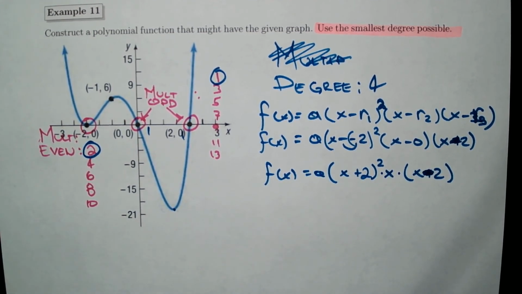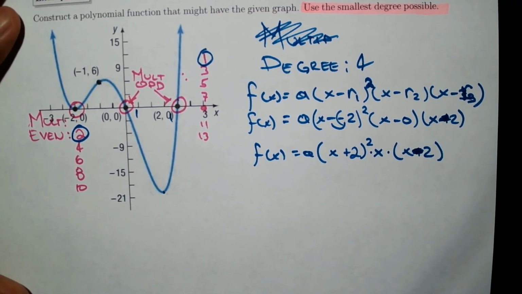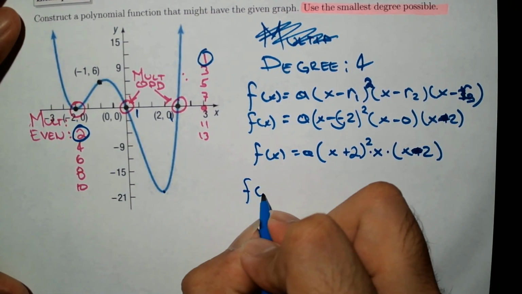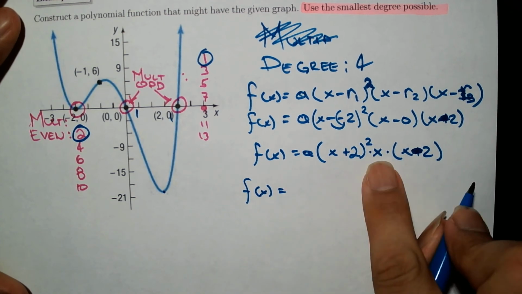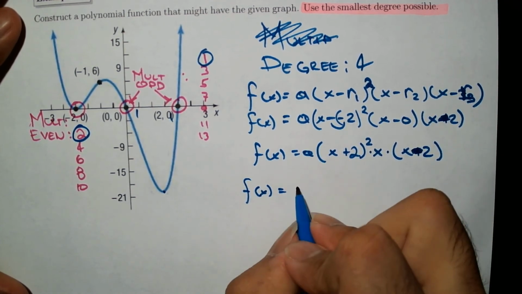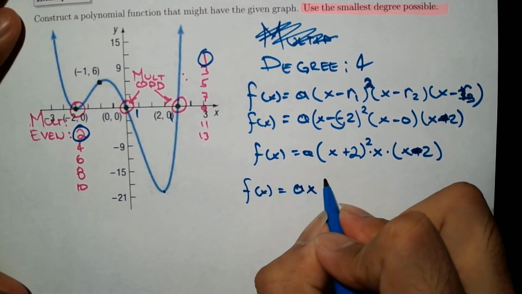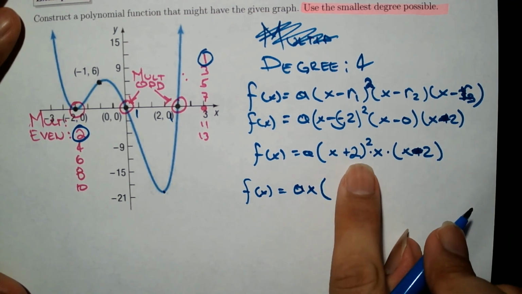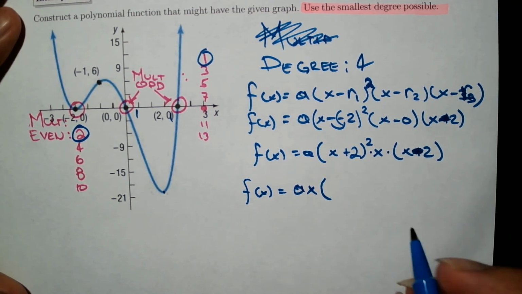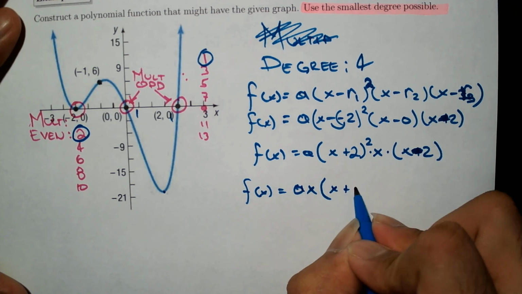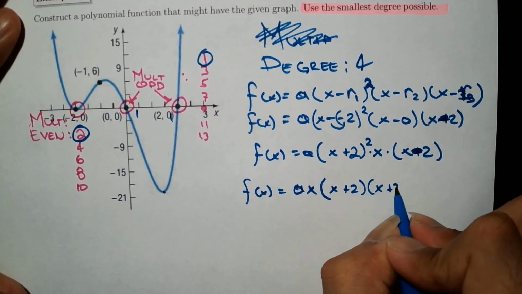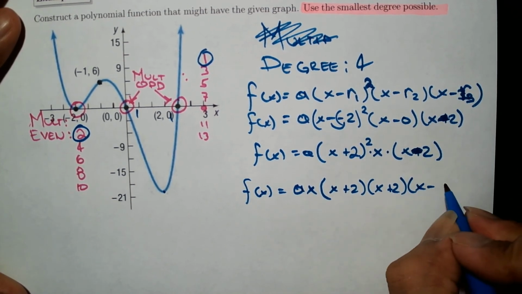So let's see. f of x equals, I'm going to write this x after the a, and instead of foiling this x plus 2, I'm going to write it as x plus 2 times itself, x plus 2, and times x minus 2.